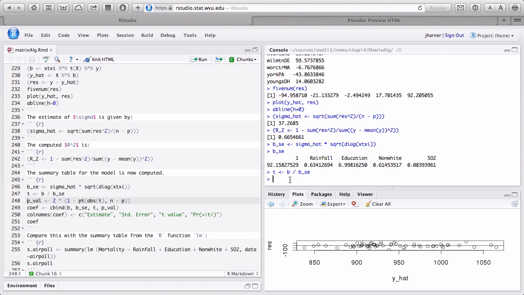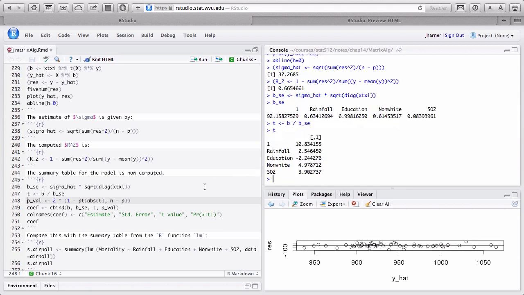So those will give me my 5 t-values. So if you wanted to print it out, you could. Those are my 5 t-values. And likewise, the p-values, if it's a two-tailed test, I can look at the absolute value of the t, and then I could take 1 minus that and then double it.